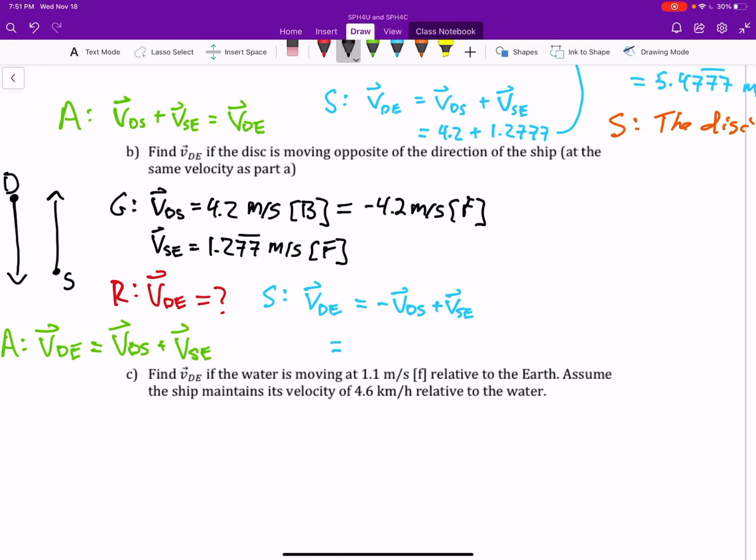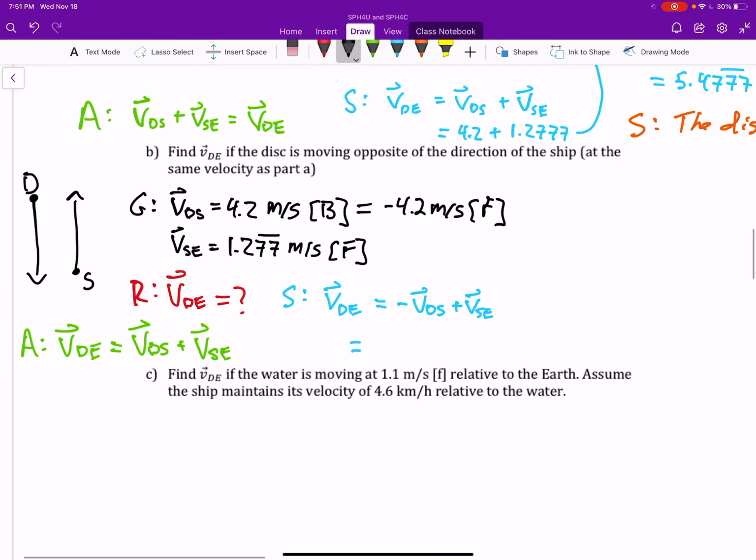So putting the negative in front essentially flips the vector, right? So it changes the direction. So 4.2 meters per second backward is this vector for D here. If I make it negative, then I flip the vector and it points forward, but the magnitude of it has this negative sign to let us know that it'll be subtracted from another vector going in the same direction, if that makes sense. So the velocity becomes negative there.